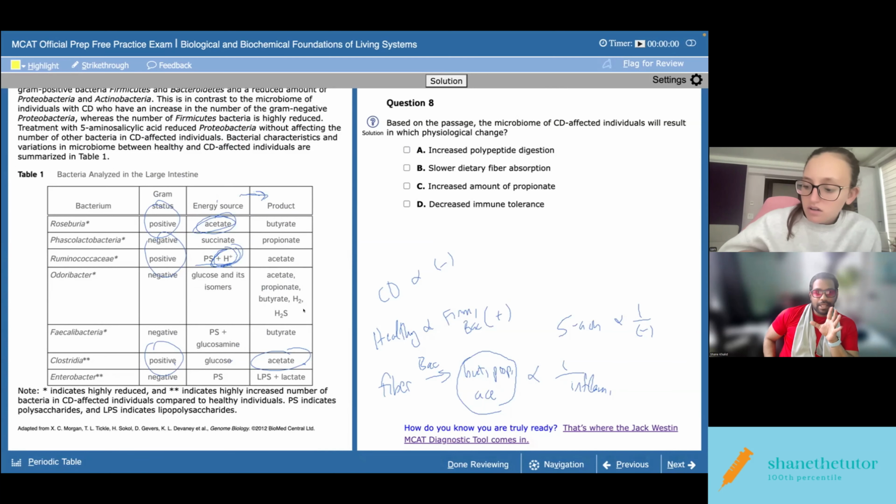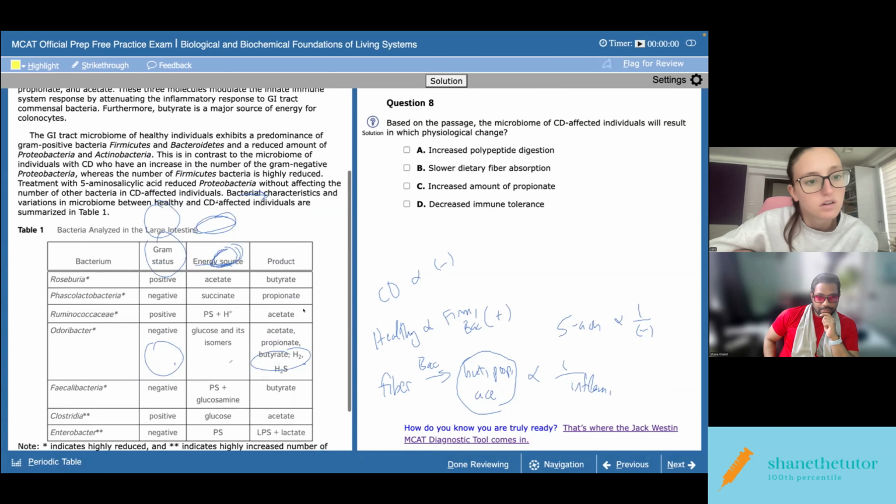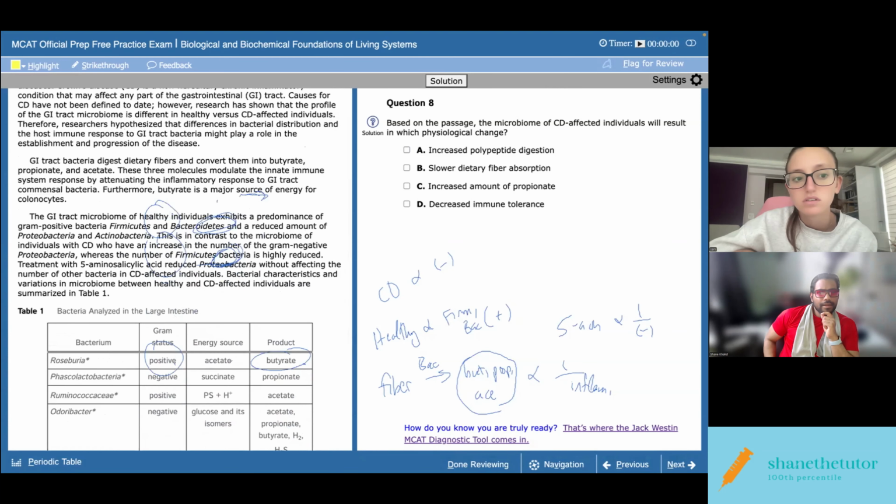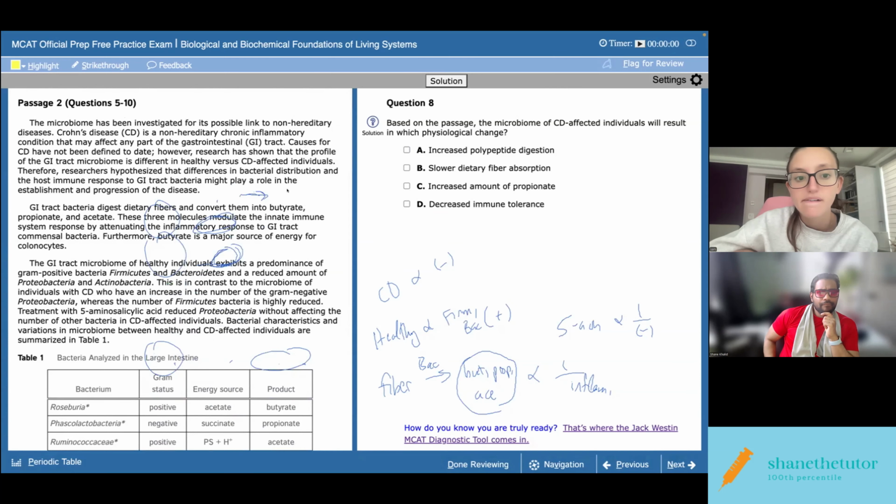But we did say something sort of related to immune. Healthy individuals versus host immune response to GI tract bacteria.